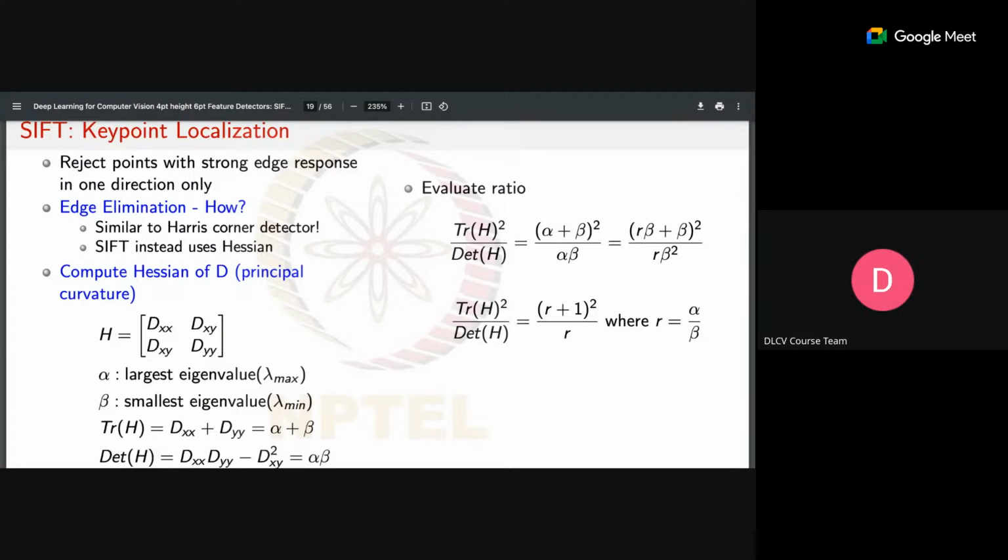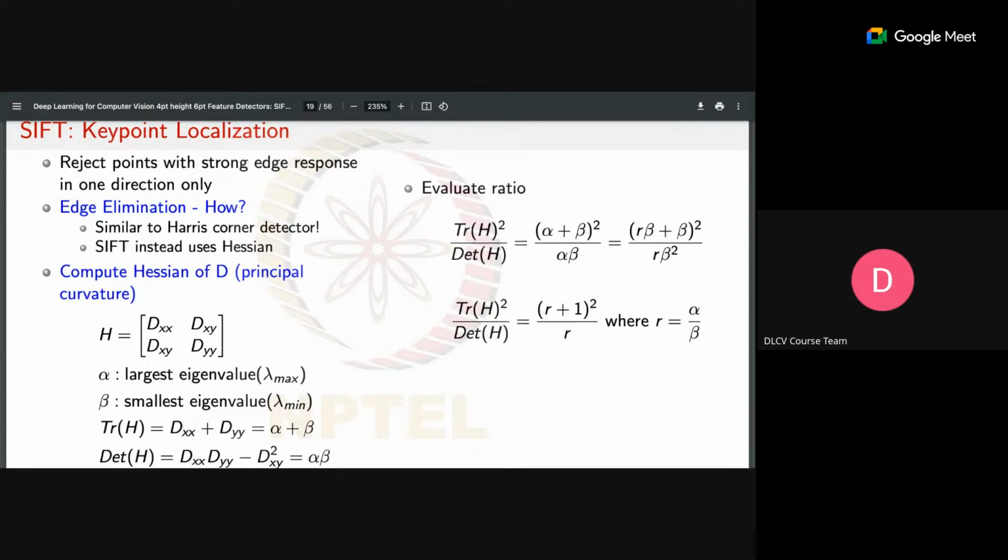So, trace: largest eigenvalue plus smallest eigenvalue. Two eigenvalues. Okay, so basically you are calculating the Hessian, and you are simply calculating the ratio of the largest eigenvalue and the smallest eigenvalue, right?